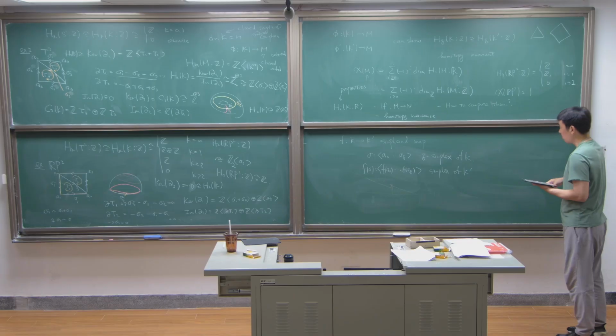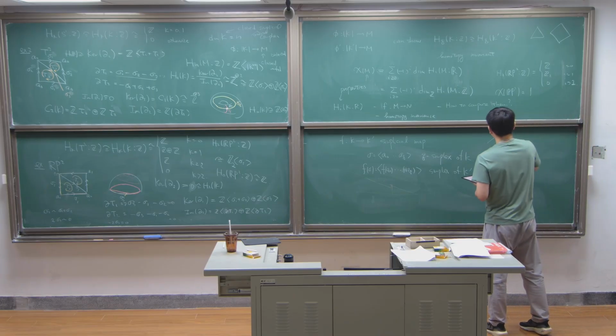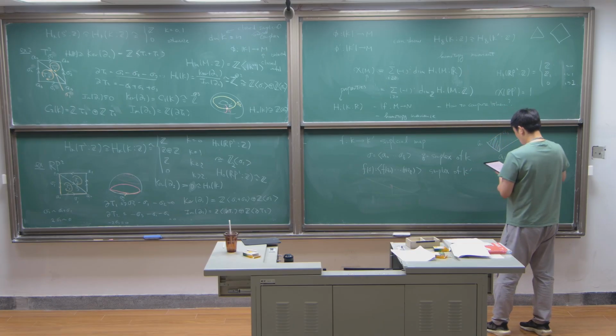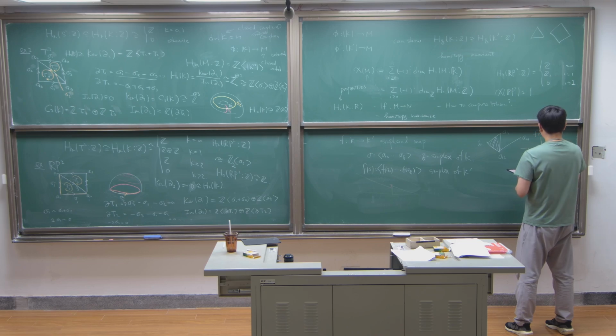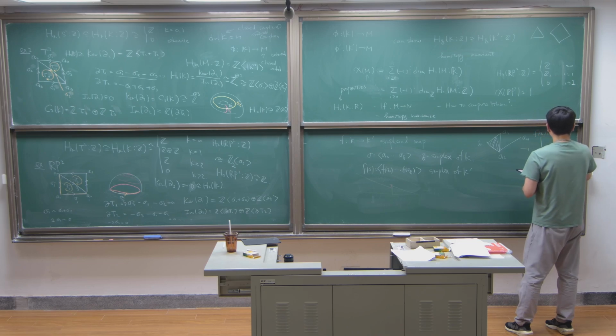For instance, if you have A1, A2, A3, A4, and you map this one, you get something like FA1, FA3, FA2, FA4.